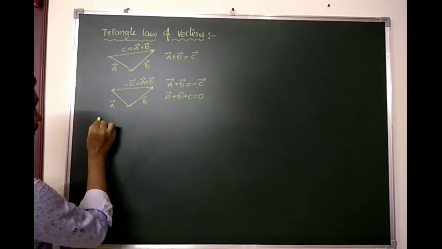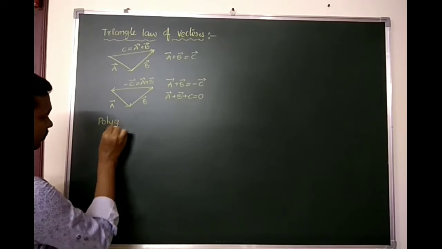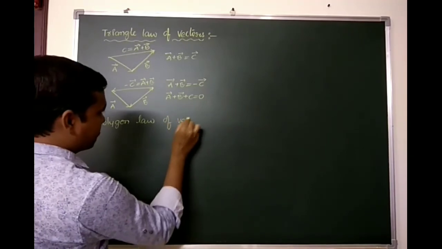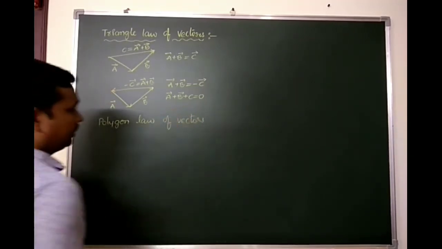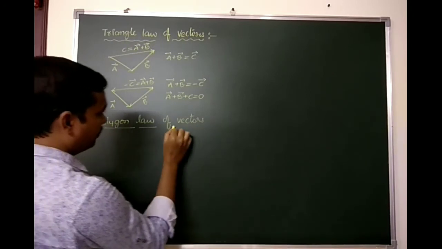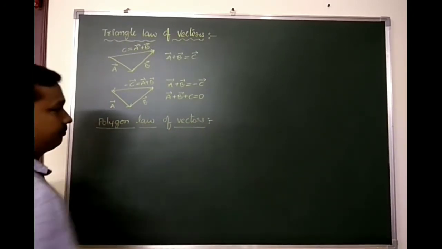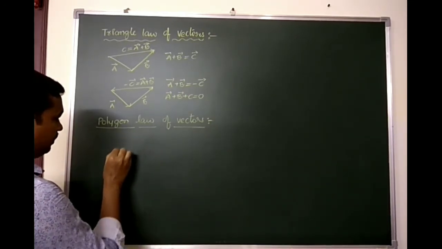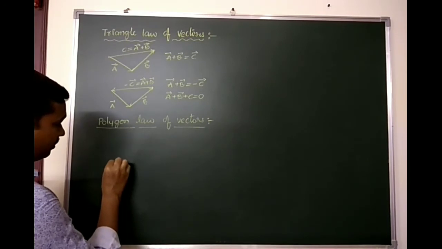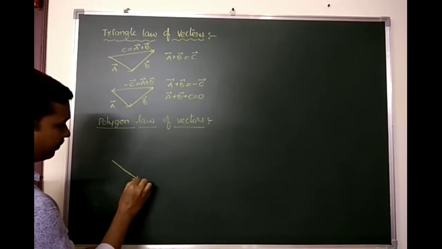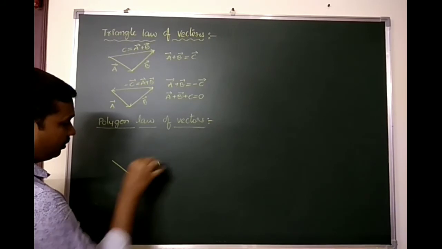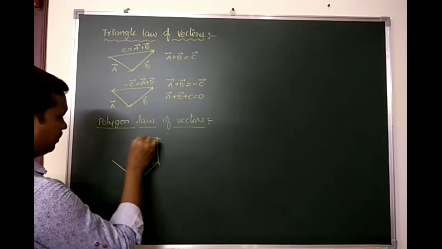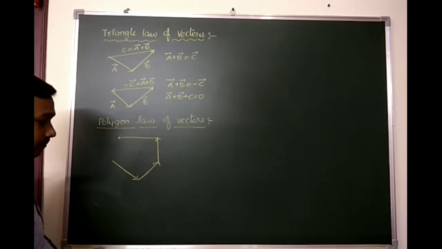Similarly, the polygon law of vectors. The same concept, but here we will get a number of sides. According to the polygon law of vectors, we are taking one vector, second vector, third vector, fourth vector.